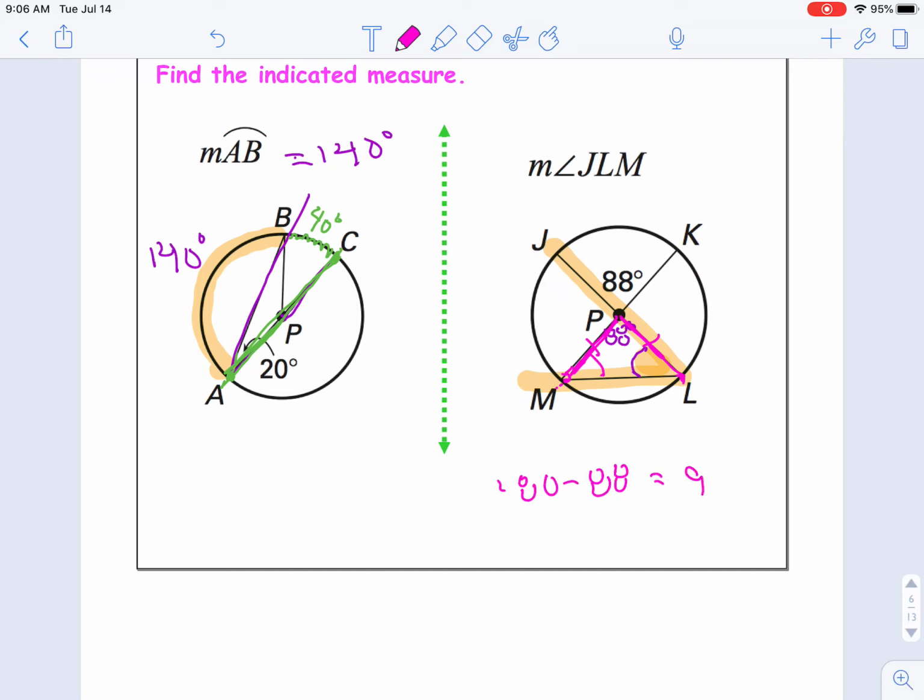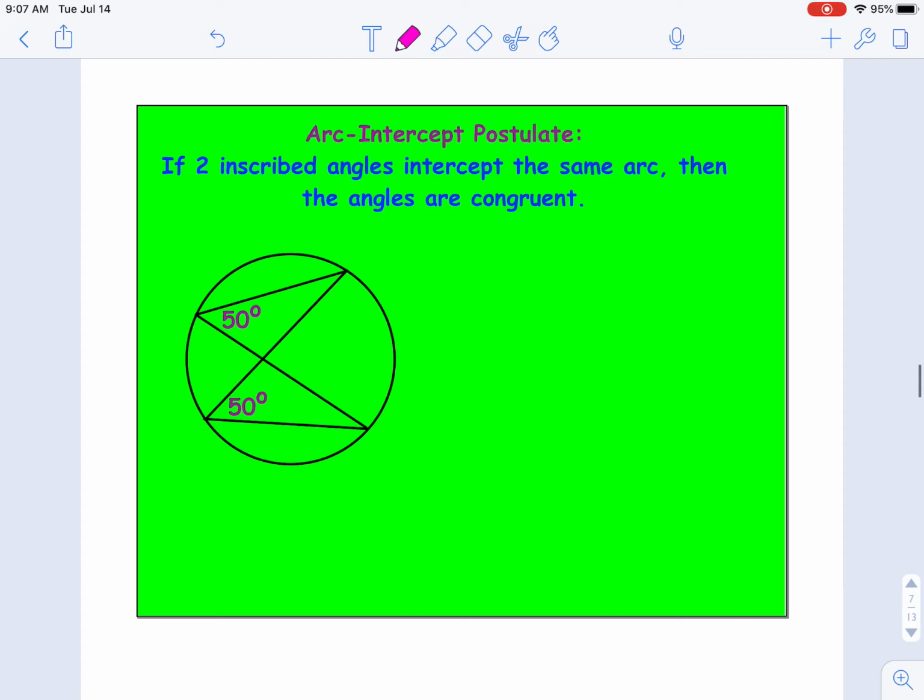So if I take 180 and subtract the 88, that gives me 92 degrees left over for the triangle, but there are two angles that are congruent, so that gives me 46 degrees for both of those angles. So the measure of angle JLM is 46 degrees.